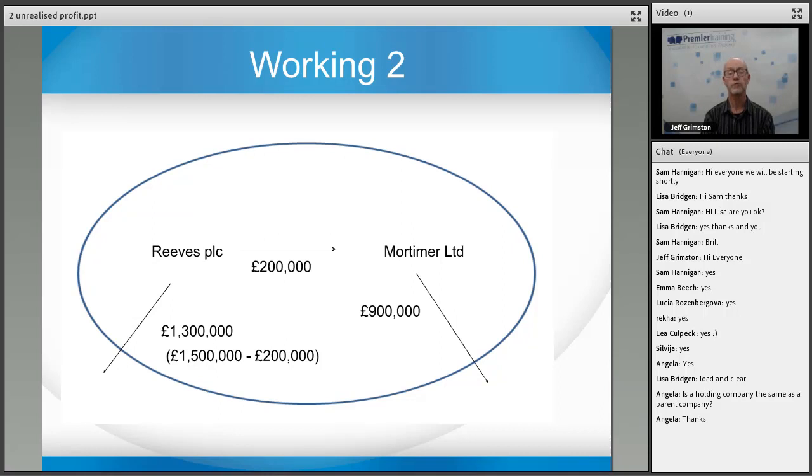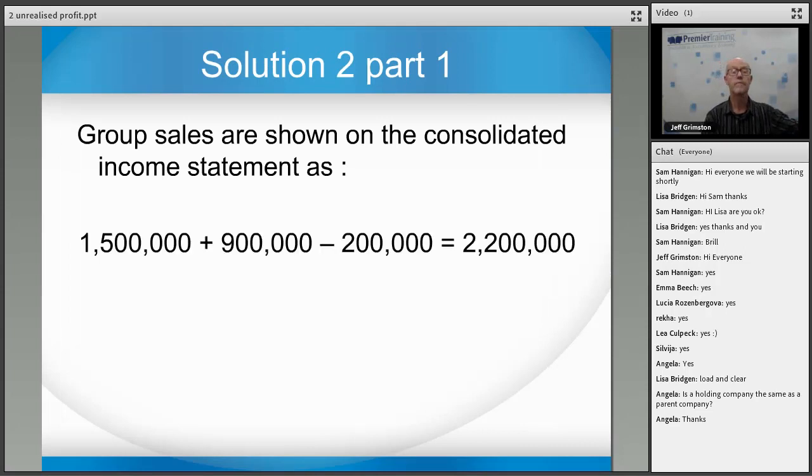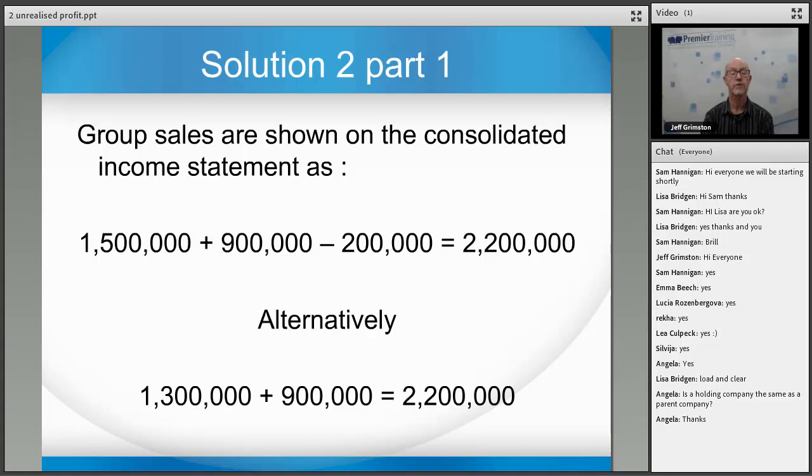Mortimer sales, no change, all external. So if we want to add those figures up, once again, 1.5 million plus 900,000. This time it's minus 200,000, so the sales are lower than the first example. Alternatively, we could just say 1.3 plus 900 is 2.2.